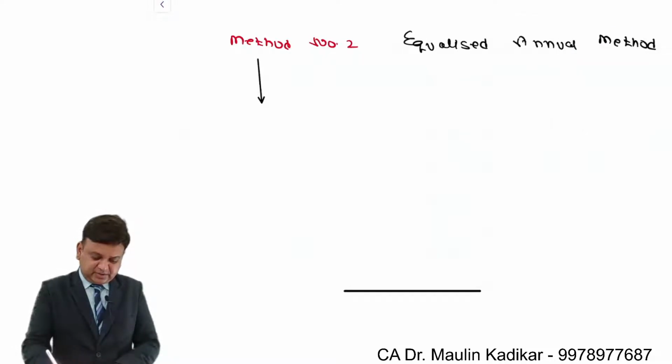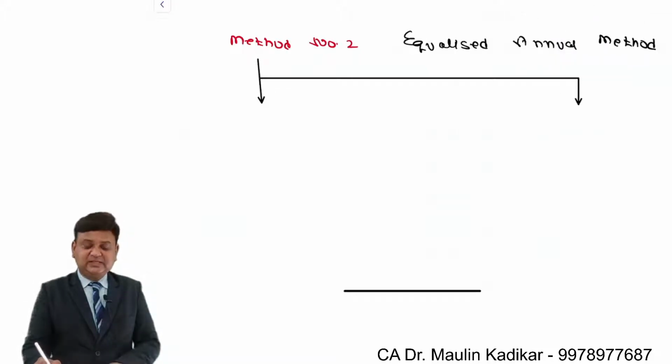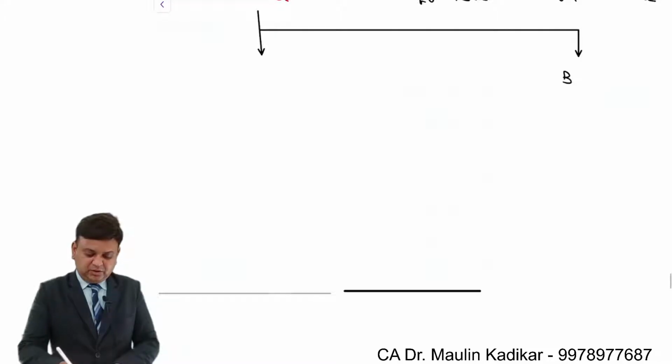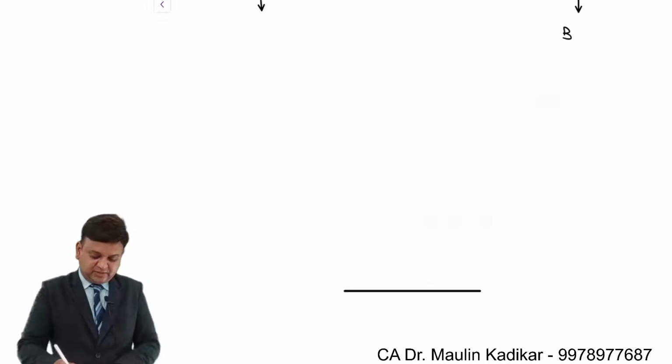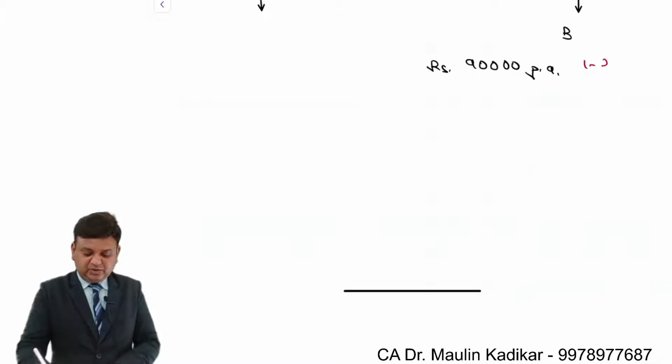Everybody is requested to pay attention. See, as far as option B is concerned, in option B you have to pay rupees 90,000 per annum. This is required to be paid from year 1 to year 3.